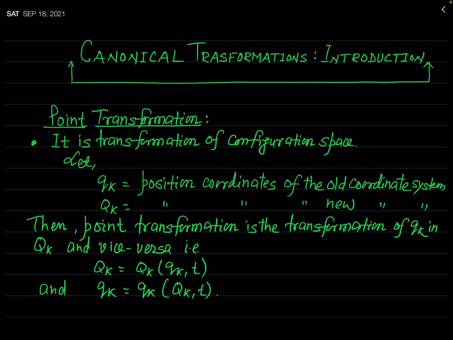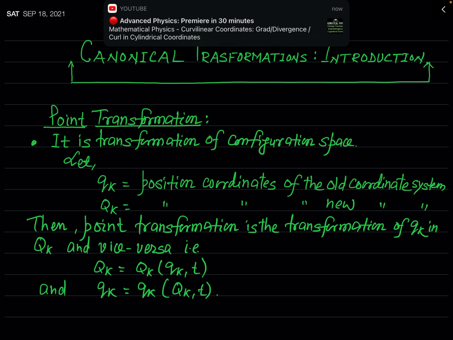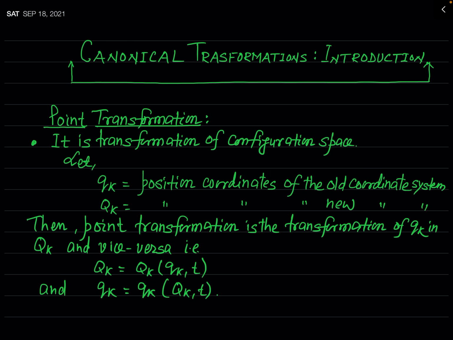For example, if you consider motion of a particle in a central force field, then since motion under a central force field is motion in a plane, in this condition people may either use the Cartesian coordinate system or the plane polar coordinate system.